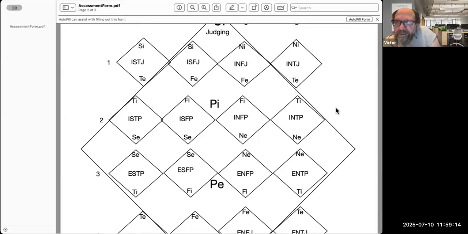The judging type, you can always see them because they clearly have regularity in their writing. The writing has that regularity to it. Now, perceiving sometimes may look more regular than other times.